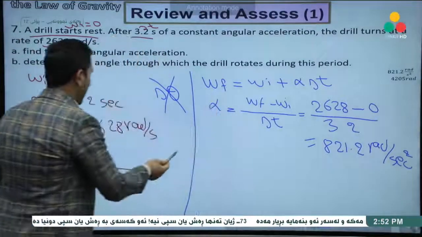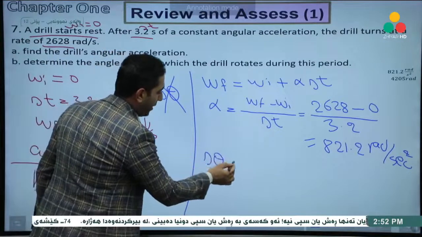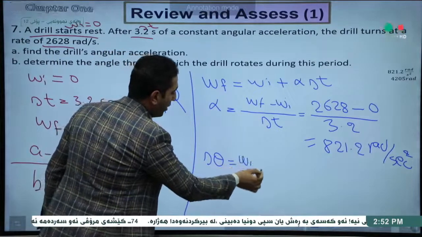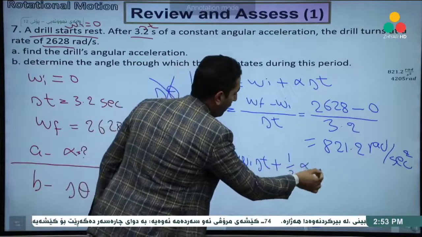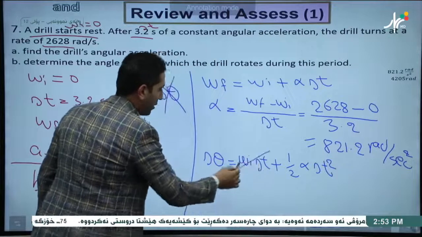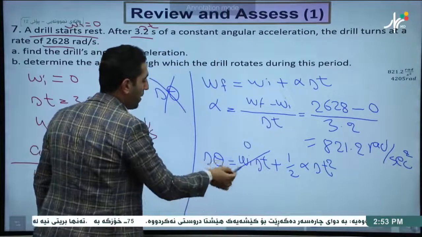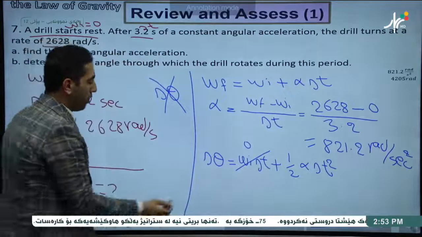And find delta theta. Delta theta is equal to omega initial delta t plus 1 over 2 alpha delta t squared. The first term is 0 because omega initial is 0, and 0 times delta t is 0.